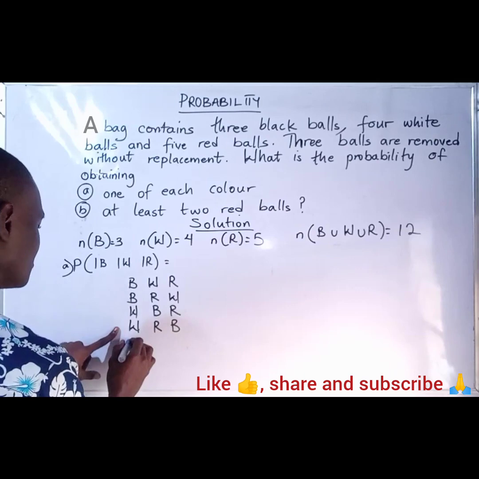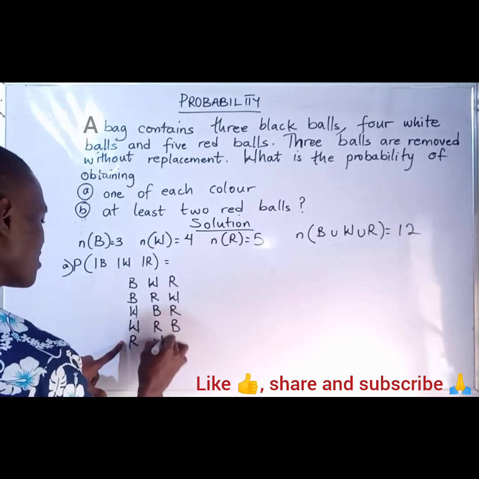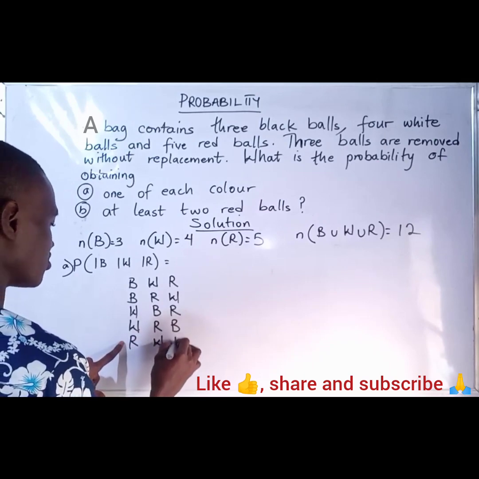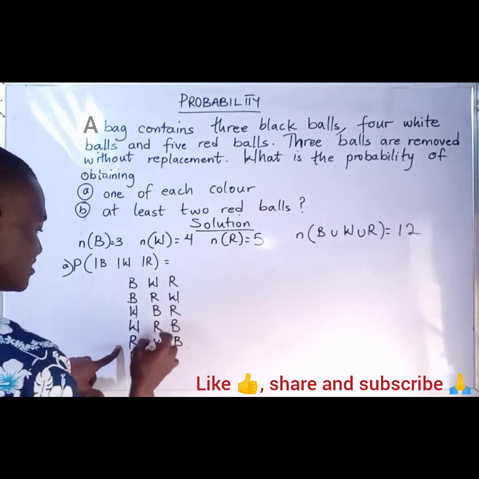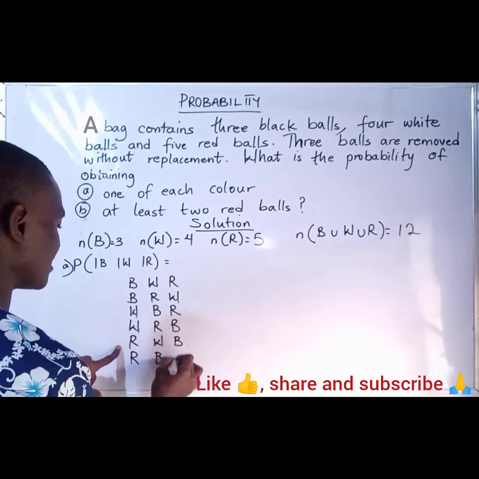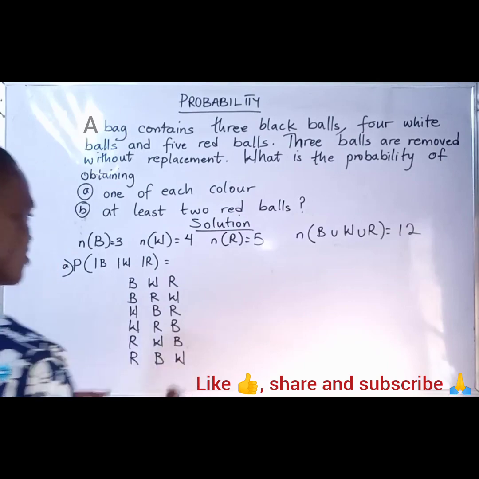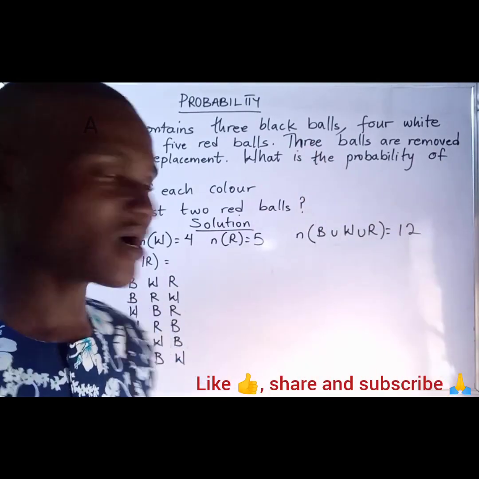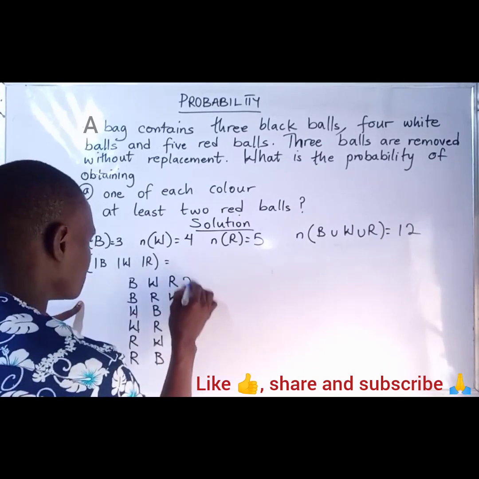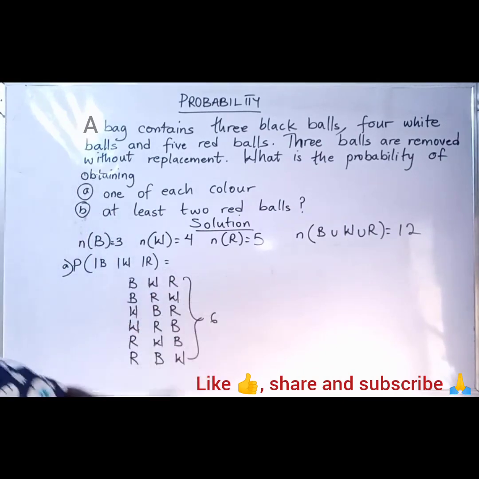We can also have the red ball come first, whereby the second is white and the third is black. Or the first one is red, the second one is black, and the last one is white. These are the possible ways we can pick one ball of each color. So I have a total of 6 possible ways this can be done.